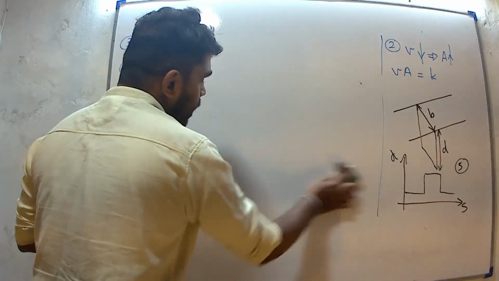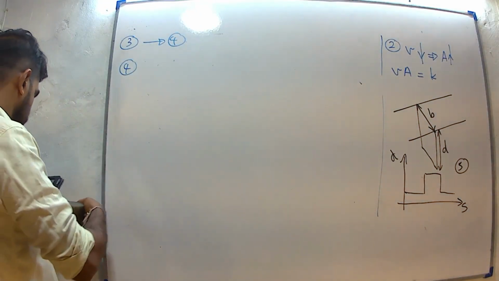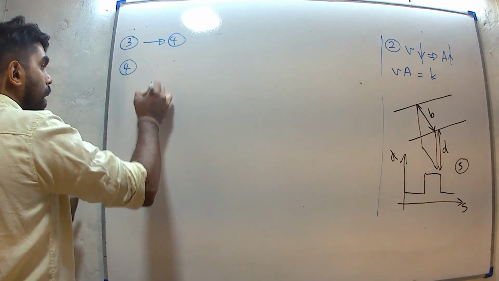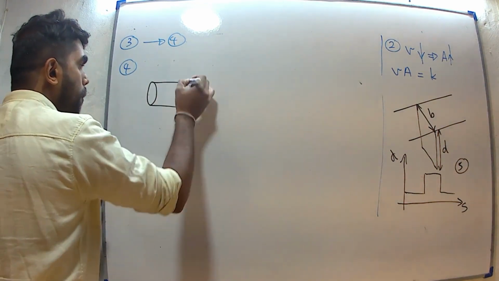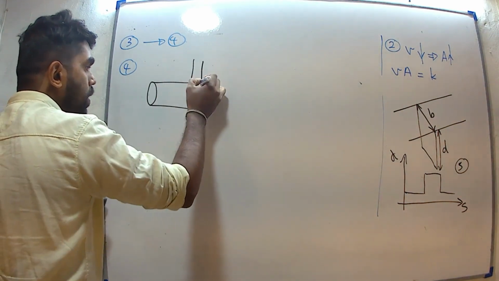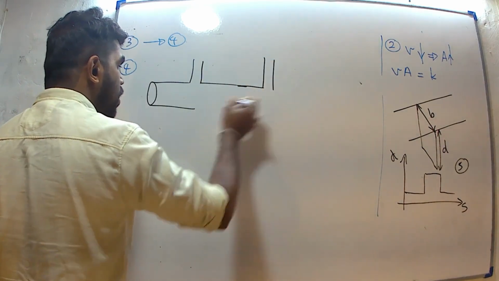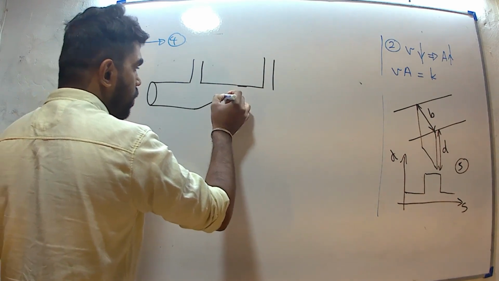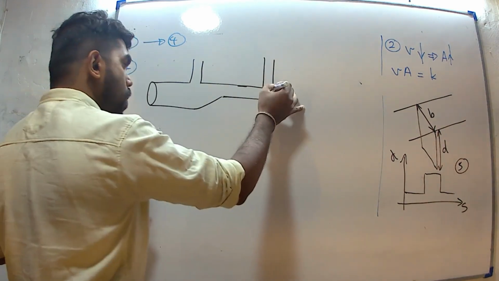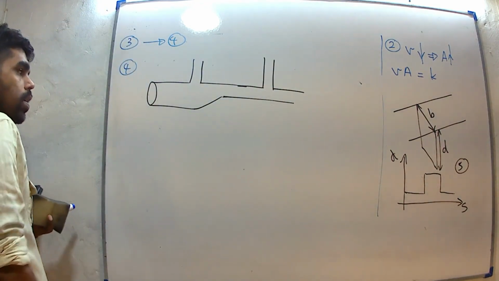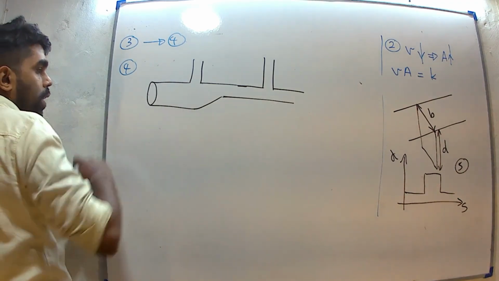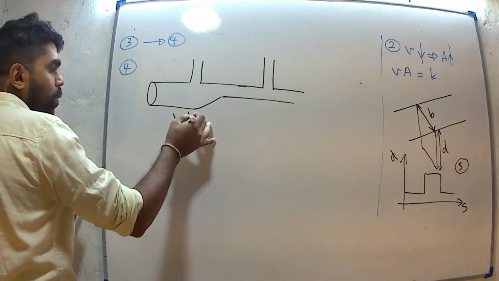Then we can get the pipe piece like this. There are two regions with a small cross-sectional area and large cross-sectional area. In this part, cross-sectional area is a greater value.